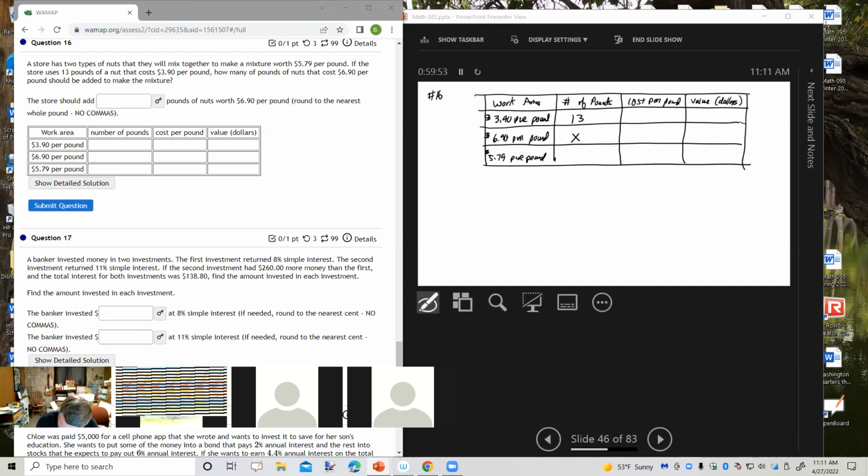So the cost per pound of this top one is $3.90. So the total cost would be $3.90 times 13, right? Cost per pound times number of pounds. Cost per pound of the second one is $6.90. So that would be $6.90 times X. Well, the cost per pound of the final mix is $5.79.